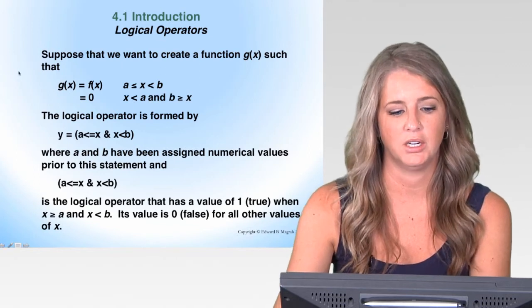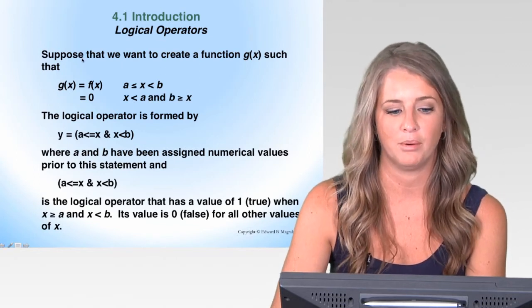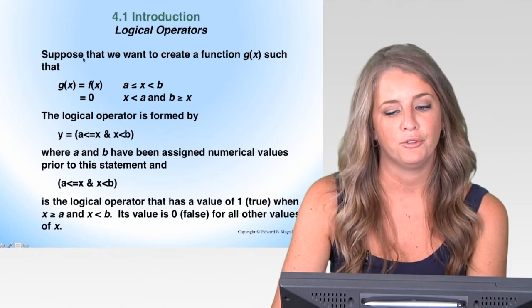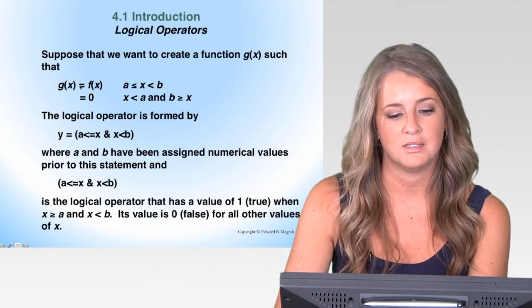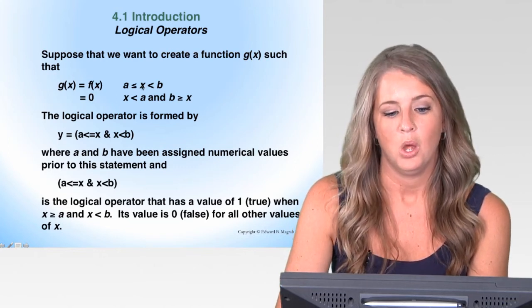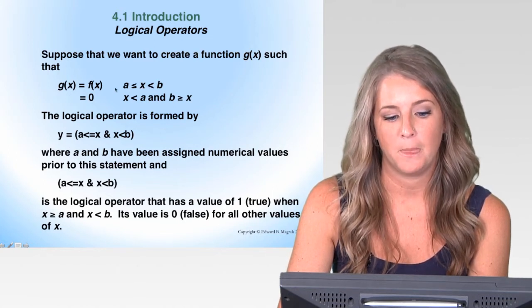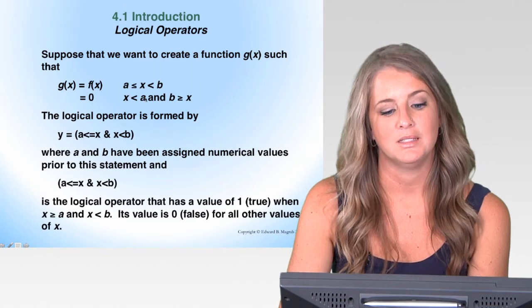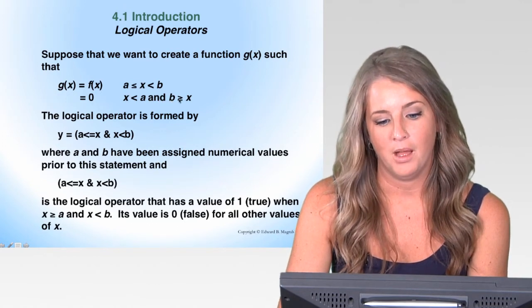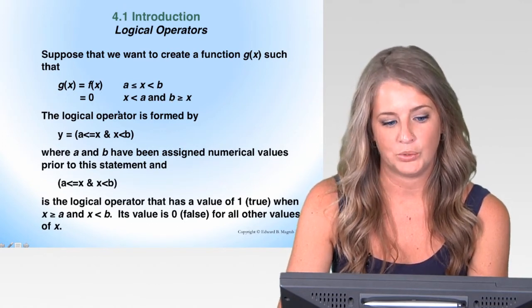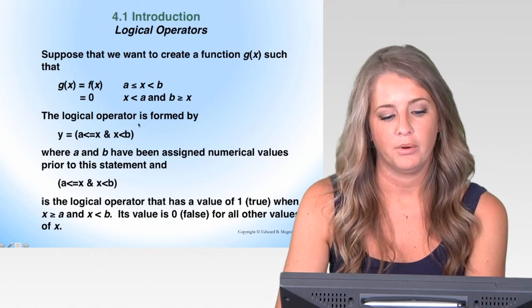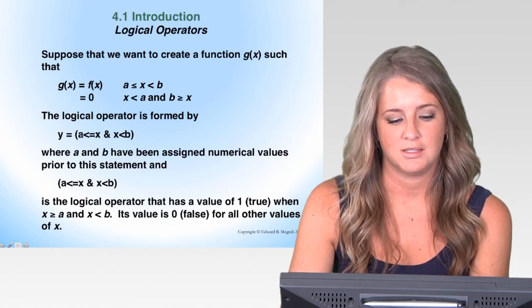So let's take a look at an example of using the logical operators here. Suppose that we want to create a function g of x such that g of x is equal to f of x when x is greater than or equal to a and less than b, and equal to 0 when x is less than a or x is greater than or equal to b. The logical operator is performed using this expression here.